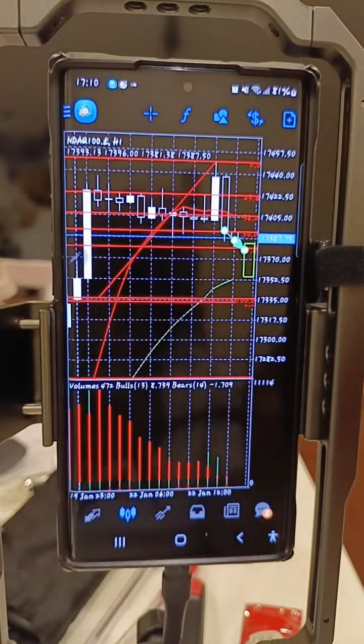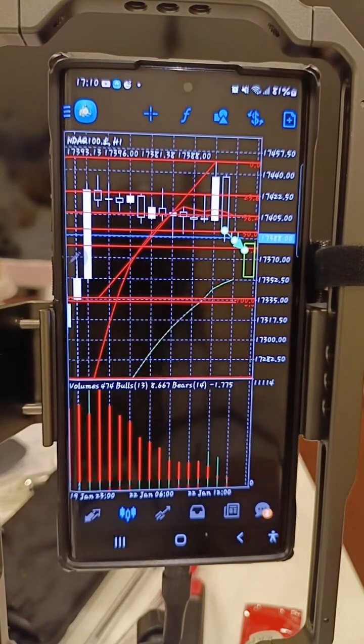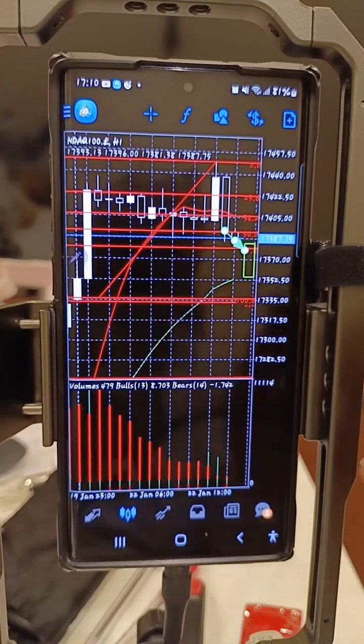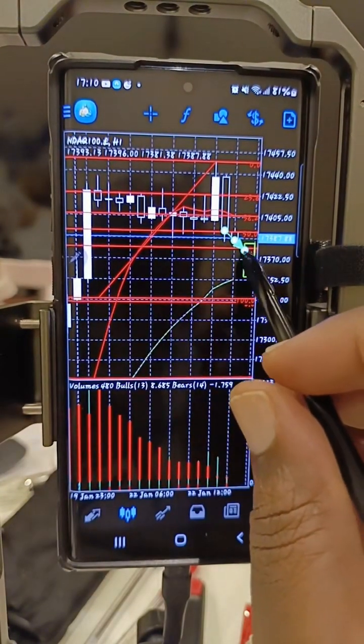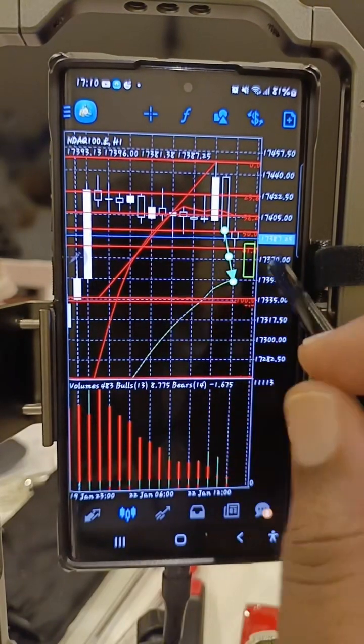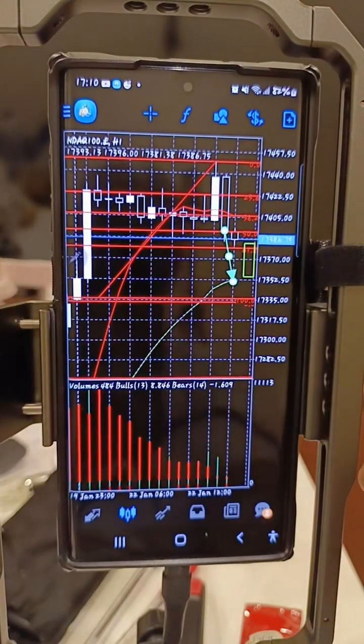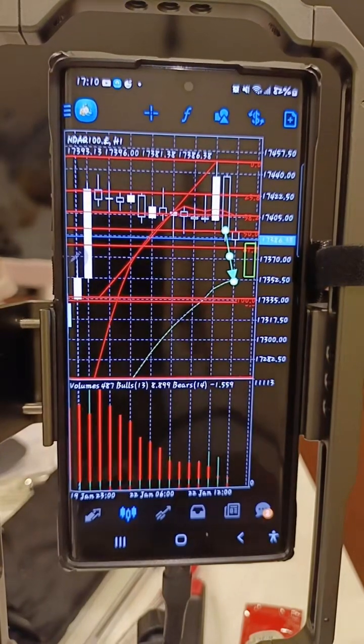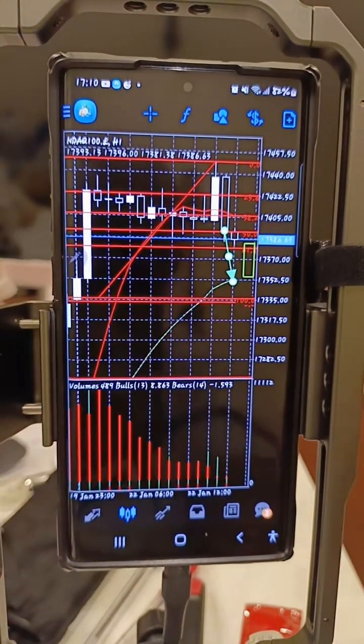Moderator, is there any instrument that anyone wants me to look at? Remember, this is for learning purposes only. You need to do your own risk management. I'm not looking at that. I'm just looking at how we can use MT4.